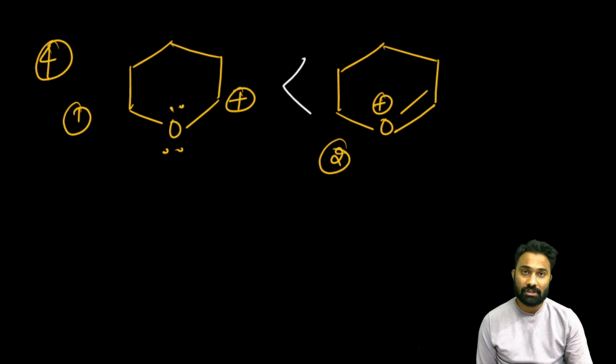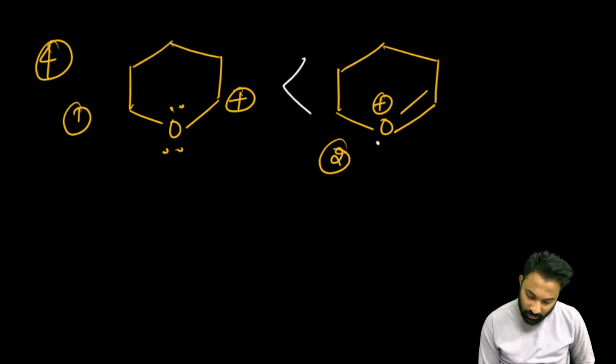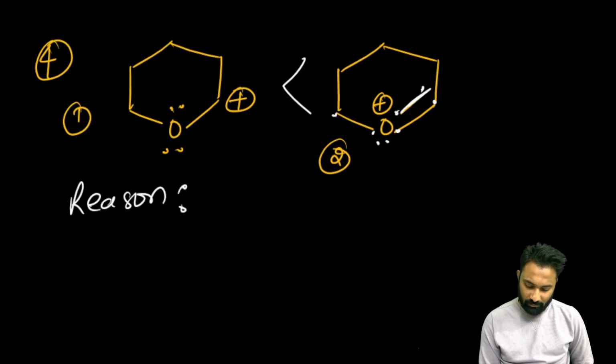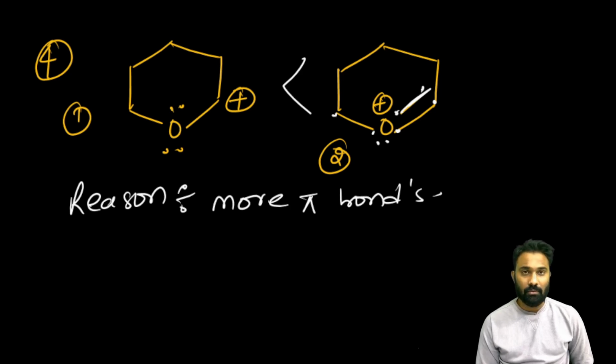Because you can see the oxygen octet is completed: 1, 2, 3, 4, 5, 6, 7, 8. And the more pi bonds there are, the better, right? Here there is no pi bond; here the pi bond is there. That's the reason: more pi bonds. Clear? More the number of pi bonds.